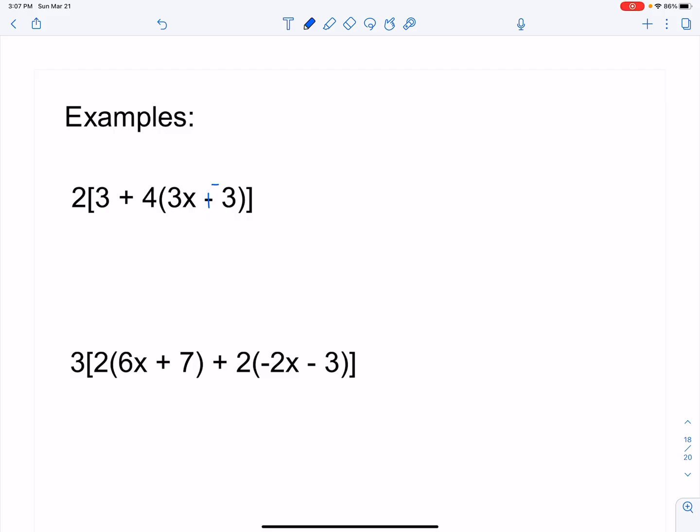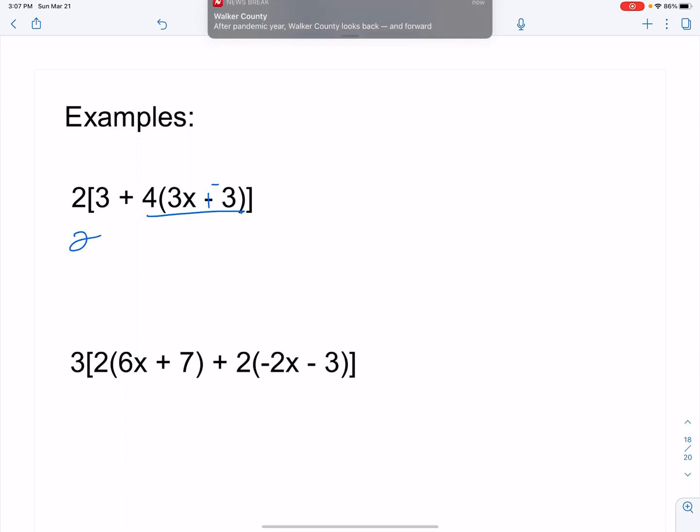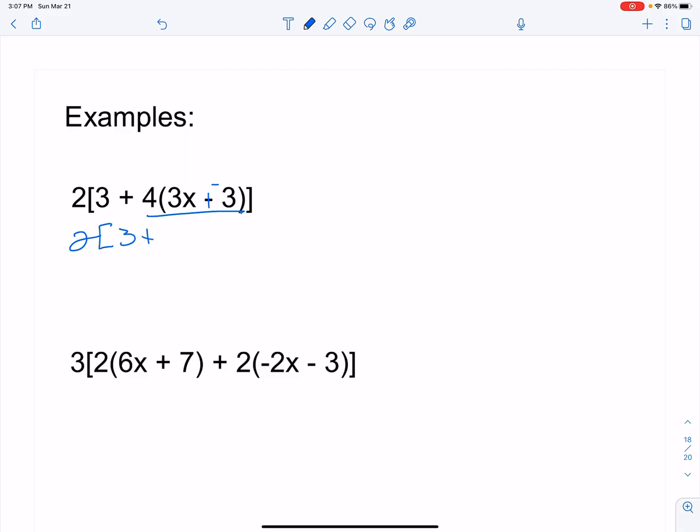So the way I answer a problem like this, because I know I'm going to start right here doing the distributive property, all I do is I take the 2, I write it down, put the bracket, the 3, plus, and now I'm ready to do my distributing. So I pass the 4 out to the 3x to give me a 12x, plus I pass the 4 out to the negative 3 to give me a negative 12.